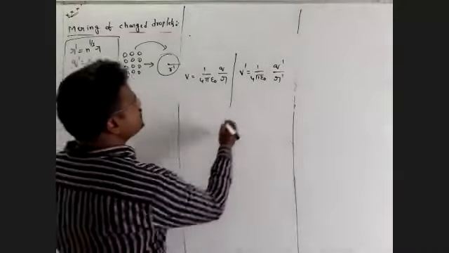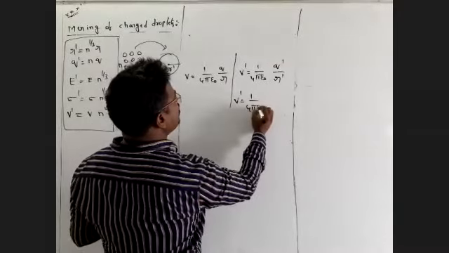So V dash is equal to 1 by 4 pi epsilon naught Q dash by R dash.